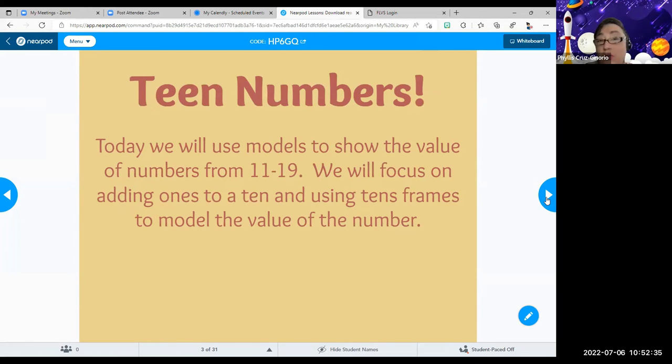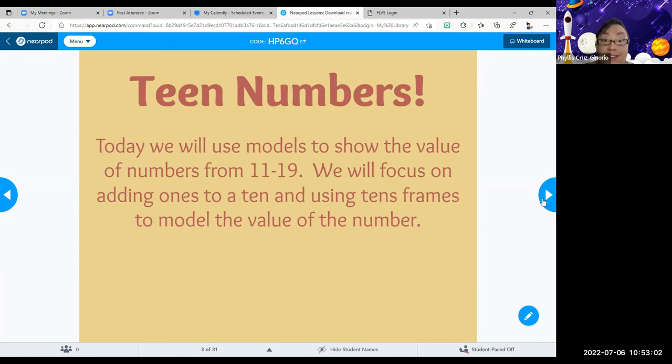So I wanted to go over what teen numbers are, the numbers from 11 to 19, and how we can show them, how we can model them, what the value truly means, and how to write them, and not get them confused with other numbers. There's a reason for why we're doing this lesson today. It's because I've noticed there's some confusion.